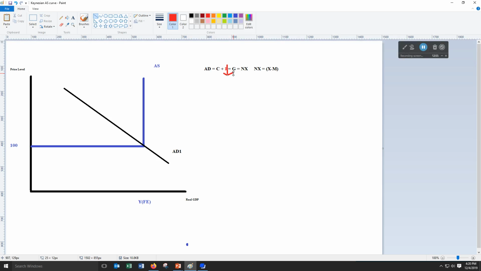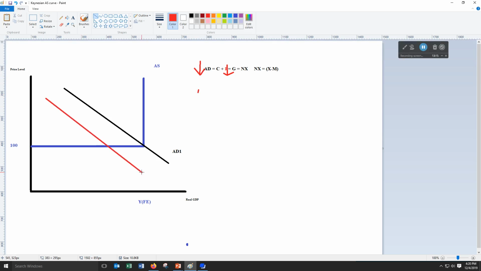Okay, so investment spending decreases. That's going to cause aggregate demand to fall.